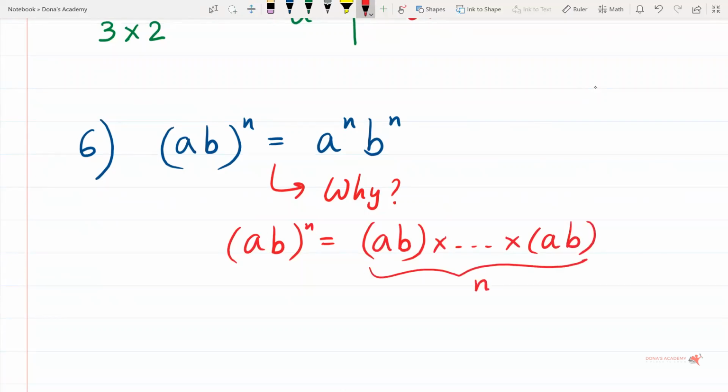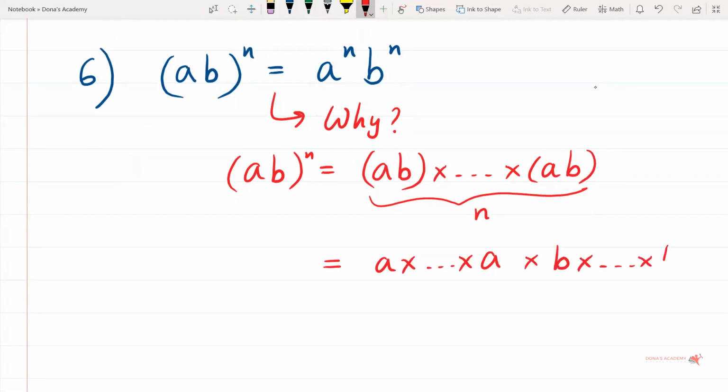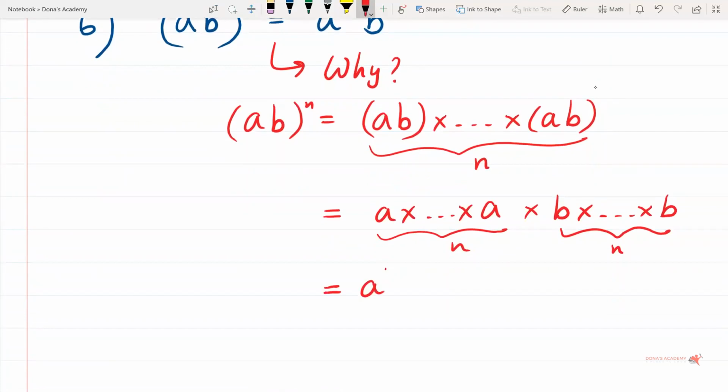Now, how many a's do we see here? There are n number of a's. And how many b's do we see here? Again, n number of b's. Since the order doesn't matter for multiplication, we can rearrange this as a multiplied by itself n times and then b multiplied by itself n times. Here n, here n. So I do have a to the power n, b to the power n.